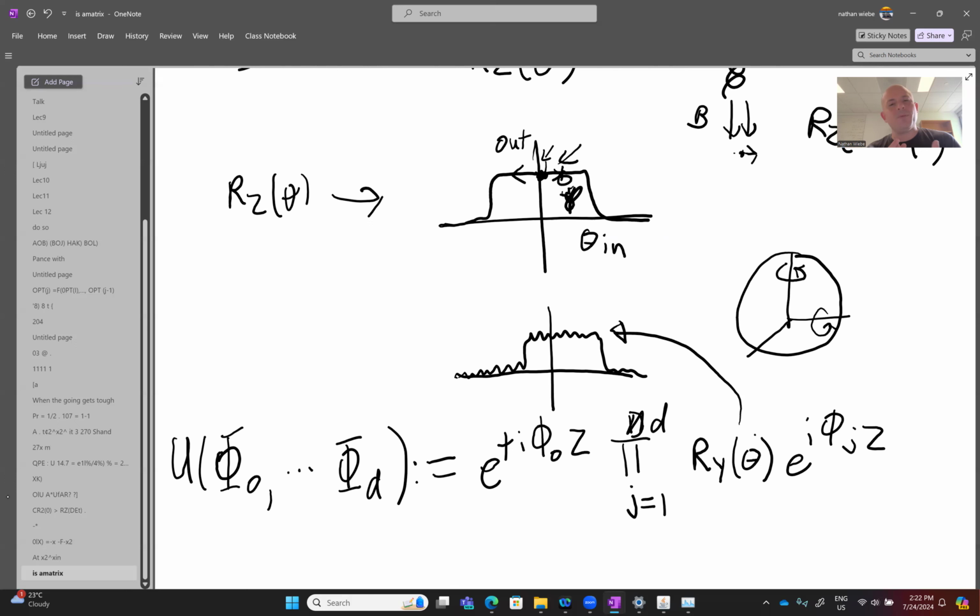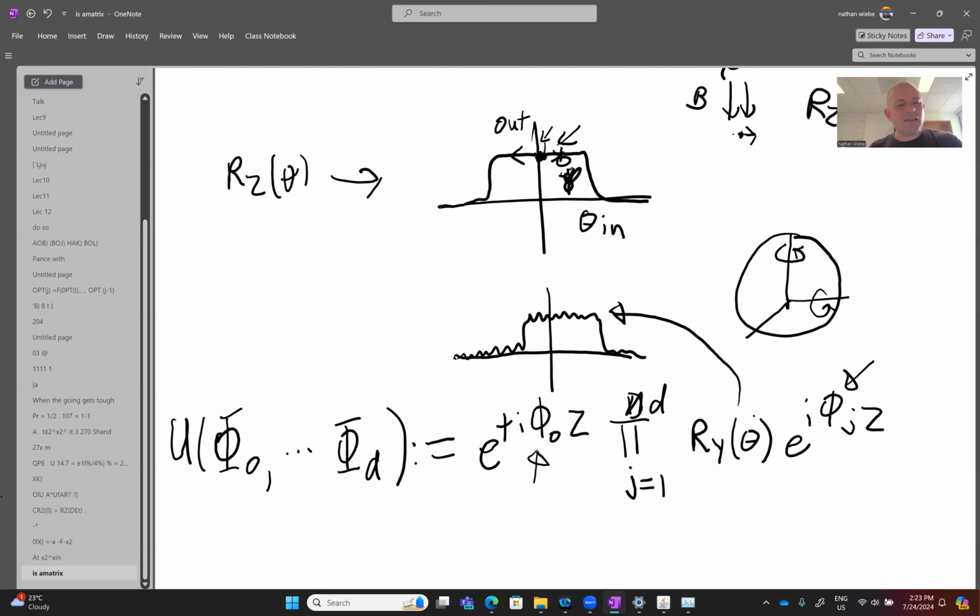It seems strange that we'd be able to find a nonlinear response in the angles that come out of it. But in fact, it's possible. And this pulse sequence actually worked incredibly well. It required, in particular, some specific choices of phi 0 to phi d that I won't bother you with lately.